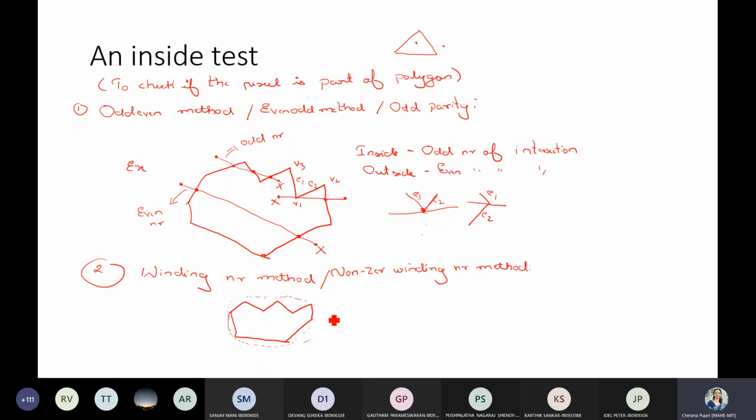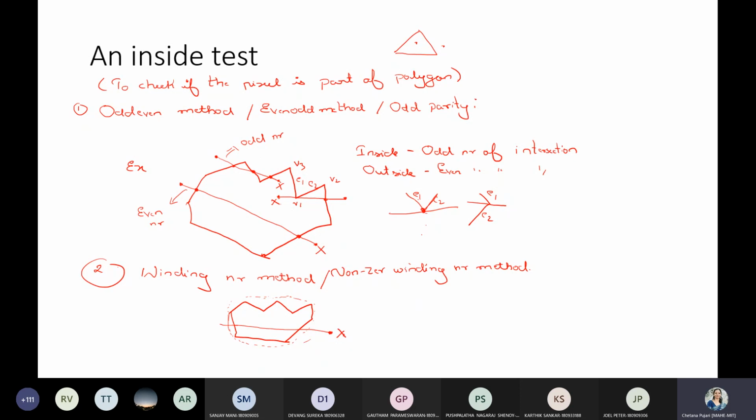Say for example, let's say our point is over here, and you are going to draw the line segment. So this is a line segment. So here you are going to count the line intersecting with whatever winding you have done.